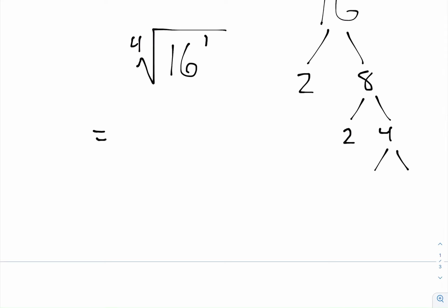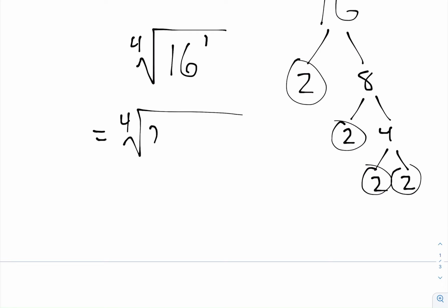And if we split the 4 into 2, we're going to get 2 times 2. So 16 is the same as 2 times 2 times 2 times 2. There are 4 twos in here, so 16 is the same as 2 to the power of 4.